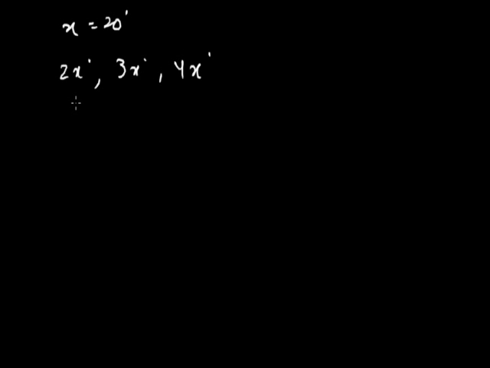Putting the value of x in all these three angles, the first angle is 2 multiplied by 20 degrees, that gives us 40 degrees. The second angle is 3x, 20 degrees multiplied by 3, that gives 60 degrees. And the third angle will be 4x, 4 multiplied by 20 degrees, that gives us 80 degrees.